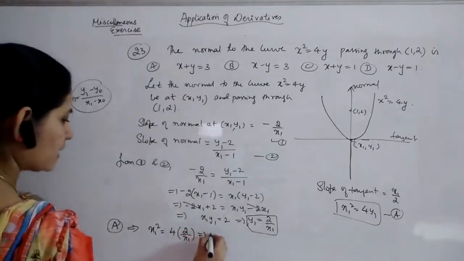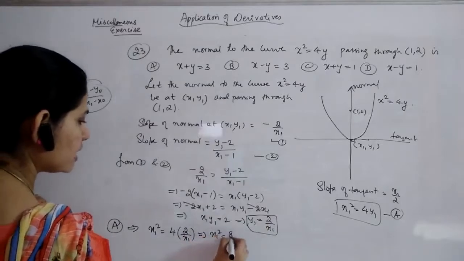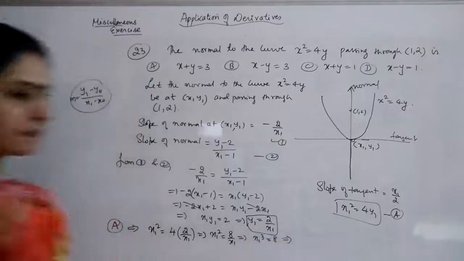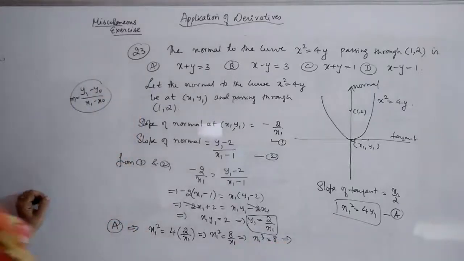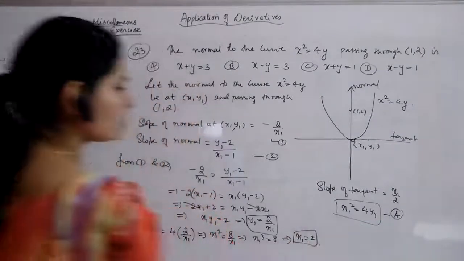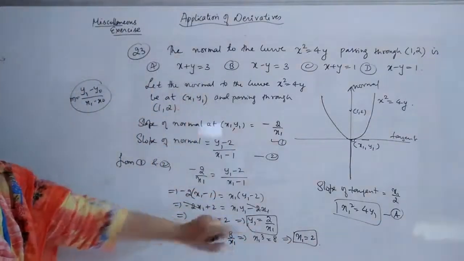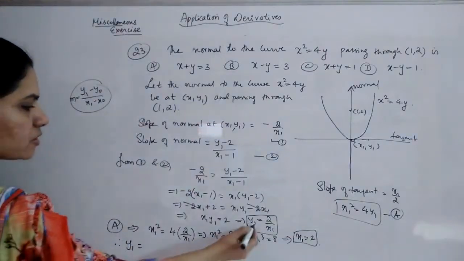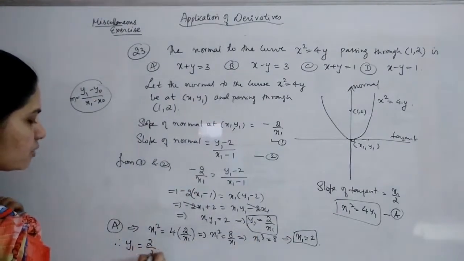So you are getting x1 square is equal to 8 by x1, or x1 cube is equal to 8. x1 cube equal to 8 means x1 is equal to 2. So when you get x1, you can find out what is y1 also. Therefore y1 is equal to, replace here, 2 by 2, which is 1.